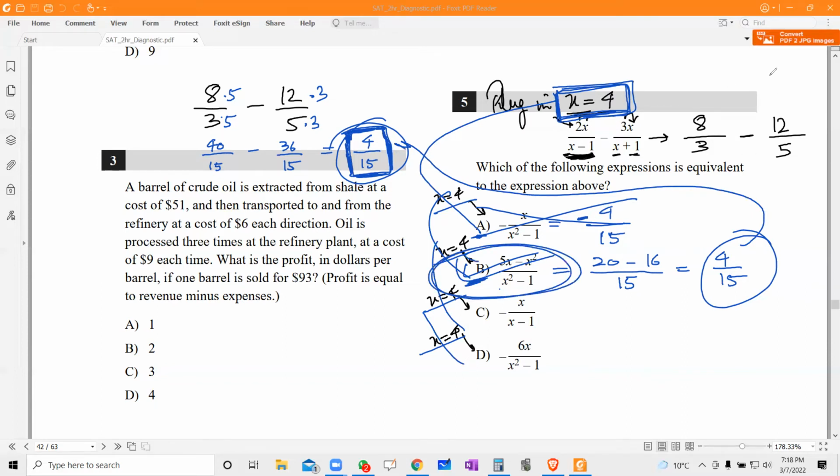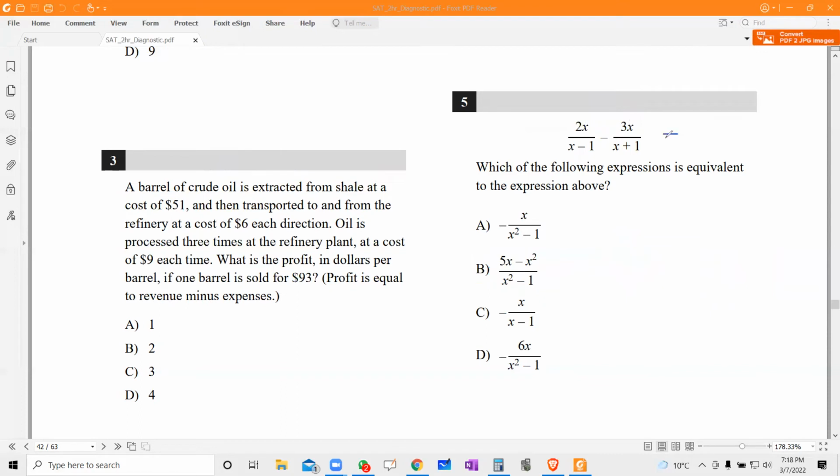Let us try it again. Tell me what I should write if you plug in x is 5. So 2 times 5 is 10, so 10 over 4, minus 15 over 6.